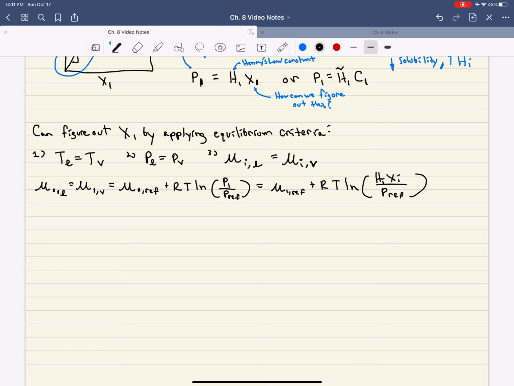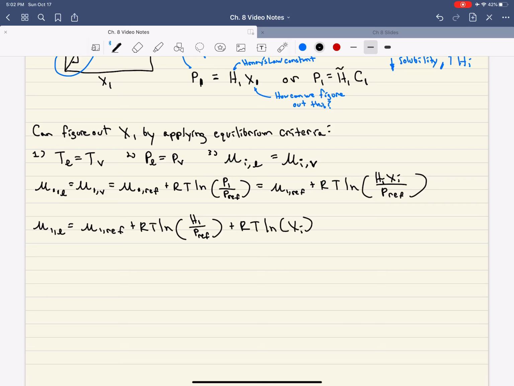Then, applying my log rules, I split out the RT ln of x1 term.